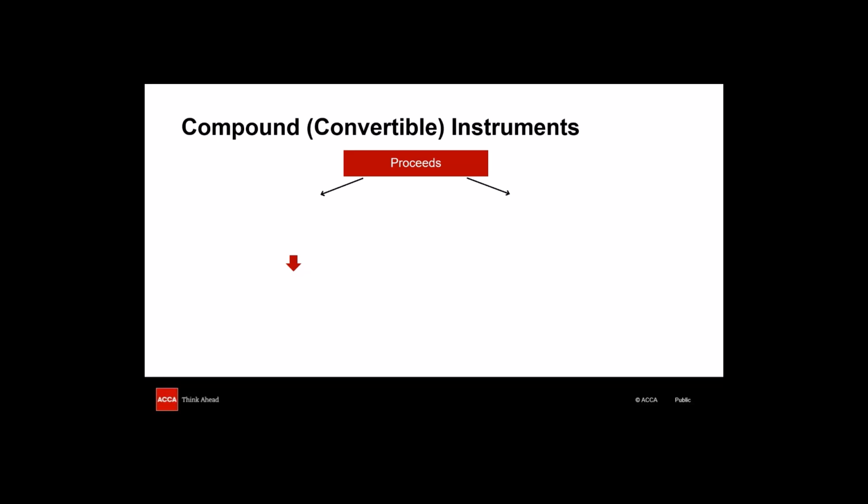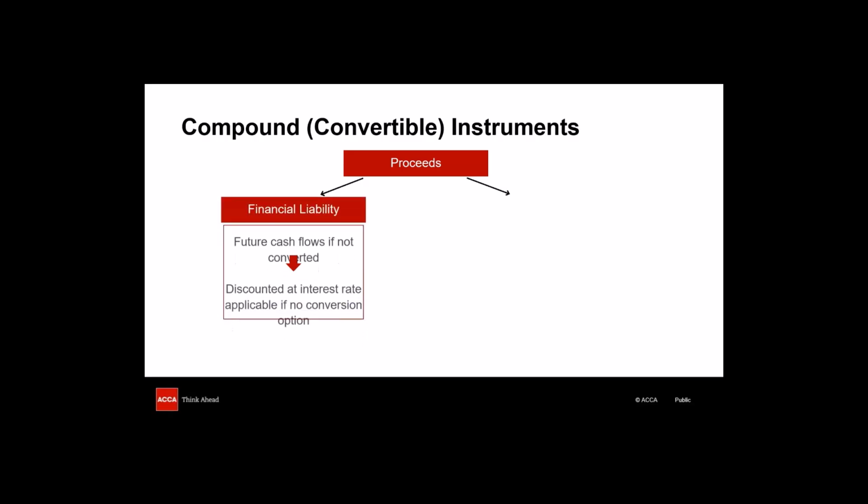So from the issuer perspective, because this is going to be at the liability side, the proceeds have been received and these proceeds now need to be classified between financial liability, which is going to be the future cash flows if the equity option is not taken by the holder. So another party has a right either to take cash from the issuer or to take shares from the issuer.